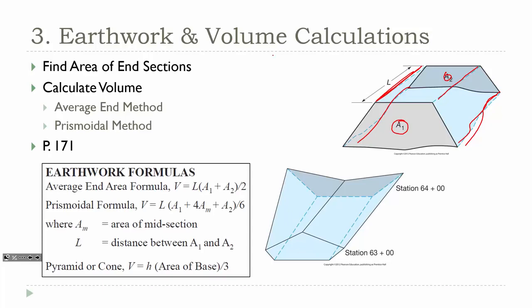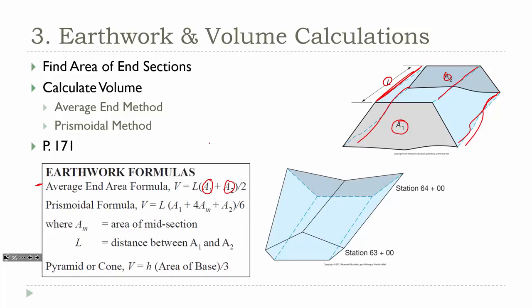The methods they give you equations for are the average end area method. If you know the cross-section areas A1 and A2, you multiply by the length between the two sections and divide by 2.